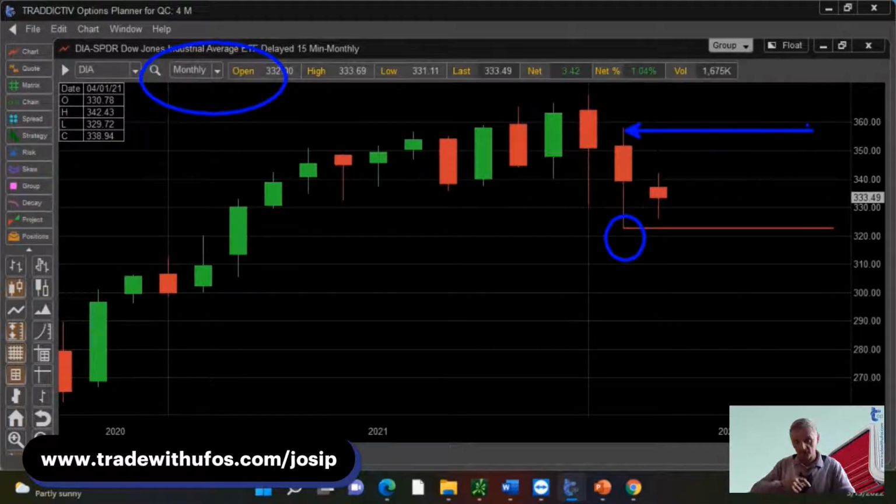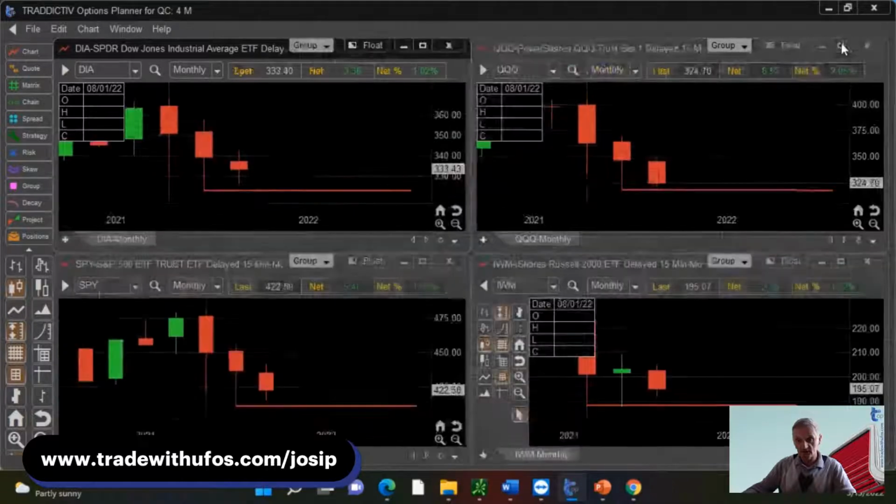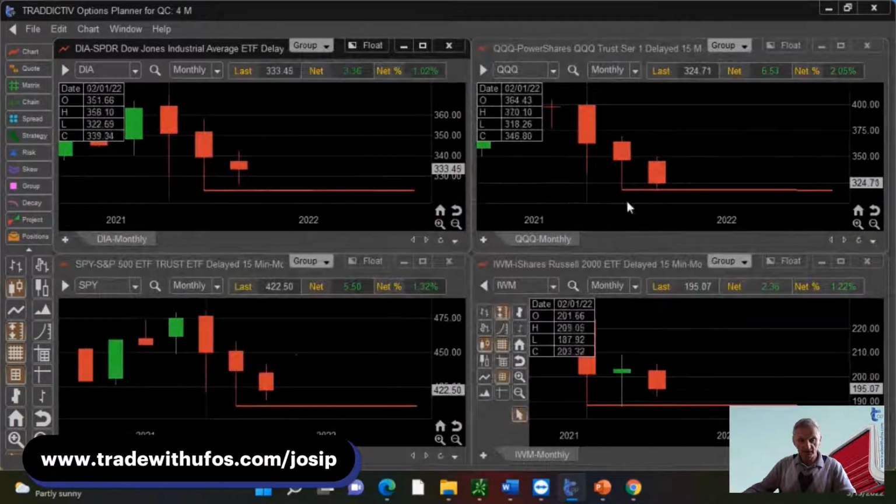However, what is interesting is that last night when I was doing this, I was quite surprised to see that it was only the Dow Jones that had a little bit of a tail on the bounce, and you'll be able to compare that once everything is pulled up side by side. So you see over here, you're looking at the Dow having that little tail on the bottom. That means the buying pressure came in right in this area.